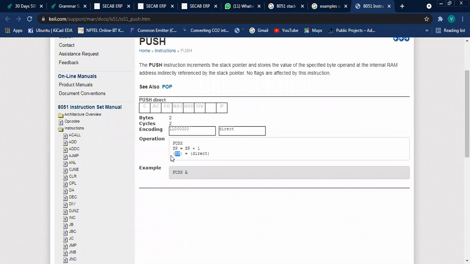The bracket is telling that whatever data the direct address is holding, that data is going to be stored into the memory where SP is pointing. Okay, it is not feasible here. I will write it somewhere else.